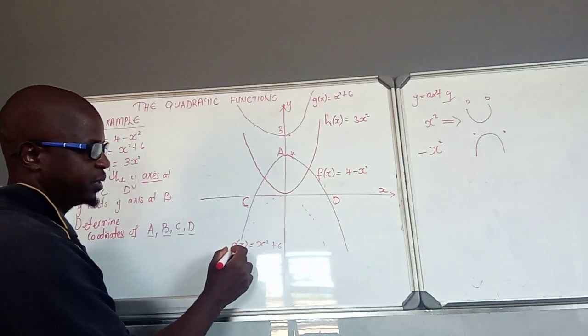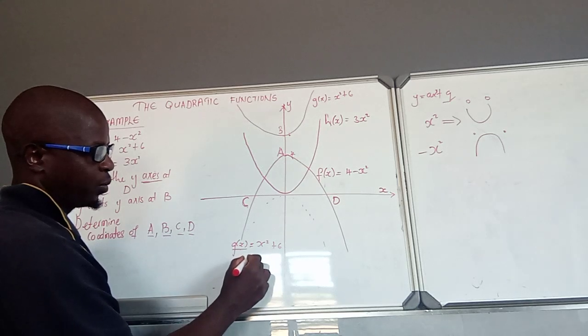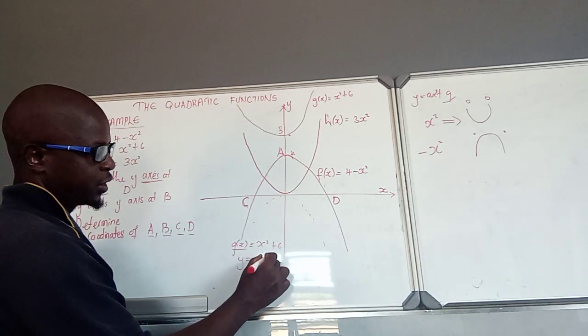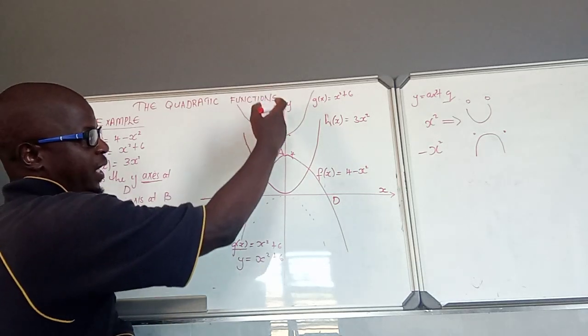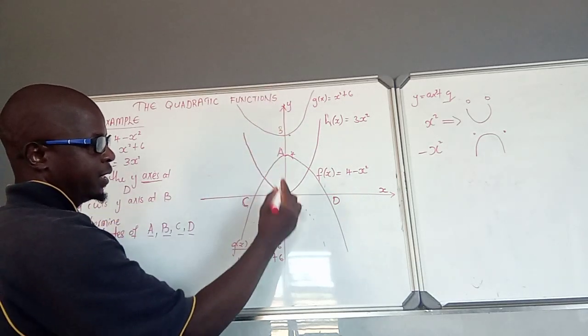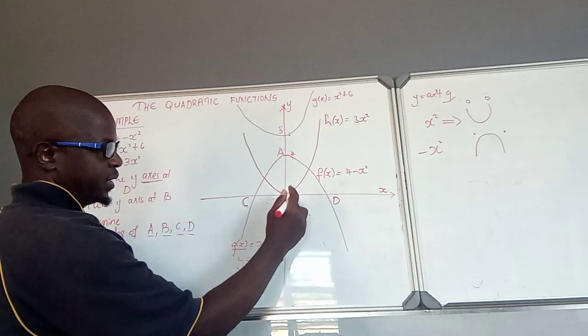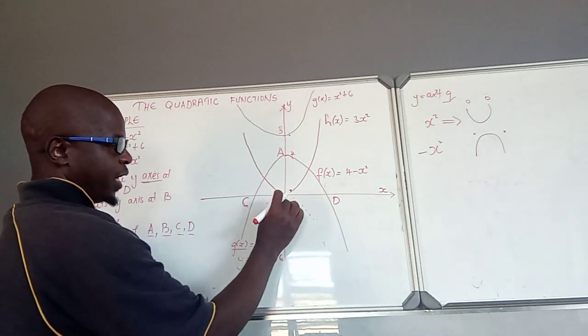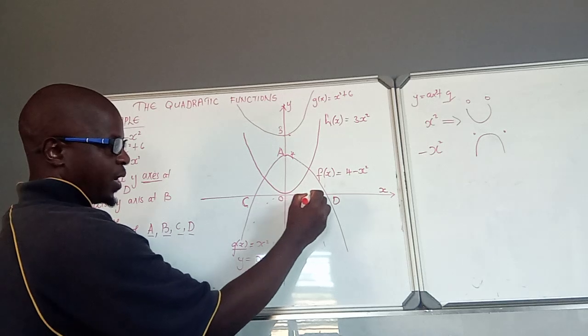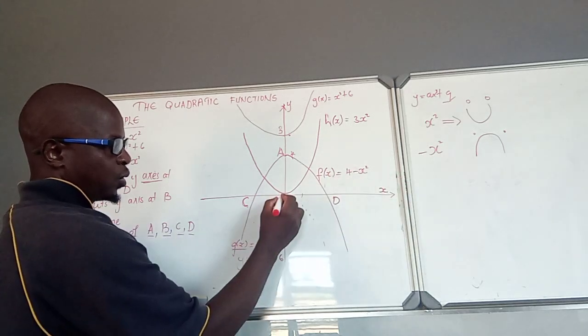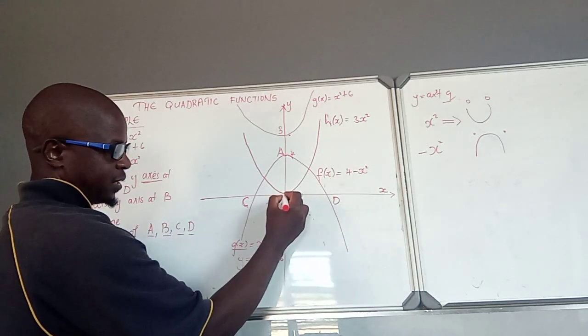Let's make it y is equal to x squared plus 6. Now, at this line here, we have a 0 in terms of moving our x either to the right or to the left. So we have 0, 1, 2, and so on. So the value of x here is 0.